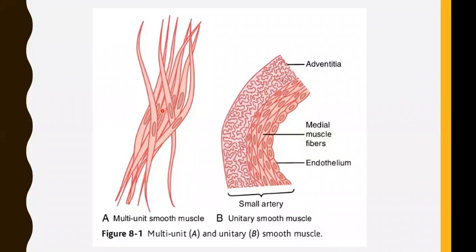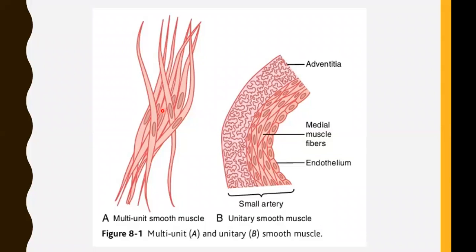This is the smooth muscle, and each muscle is formed by the combination of different muscle fibers. In the case of multi-unit, the definition is present inside the terminology. Multi-unit smooth muscle means a complex of small size muscle fibers.